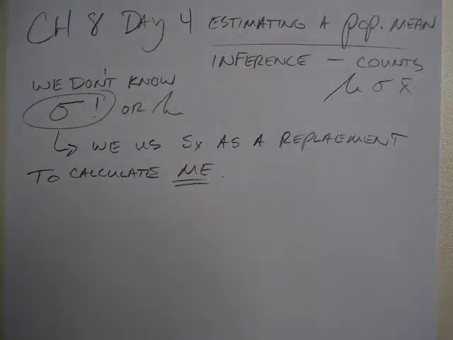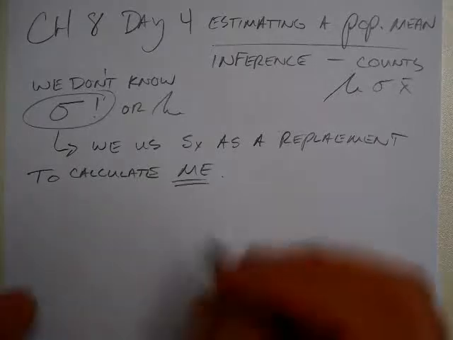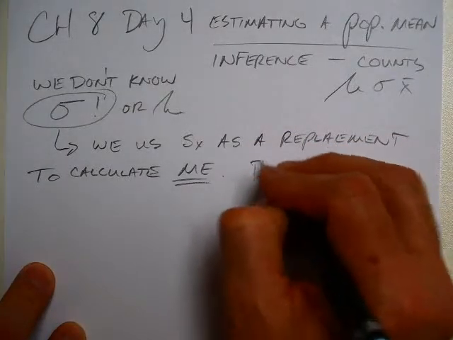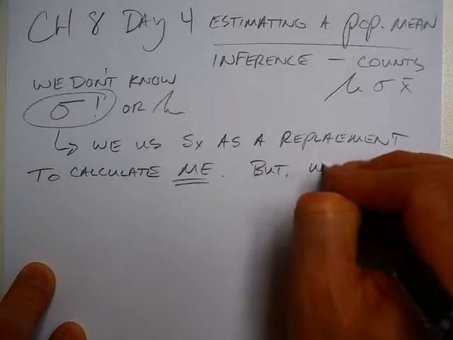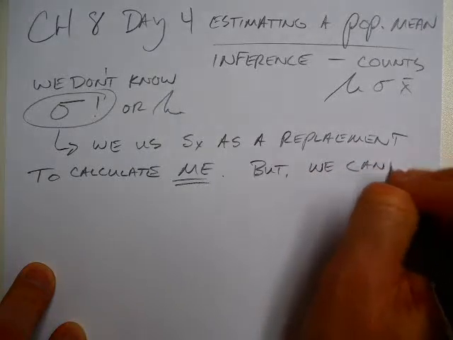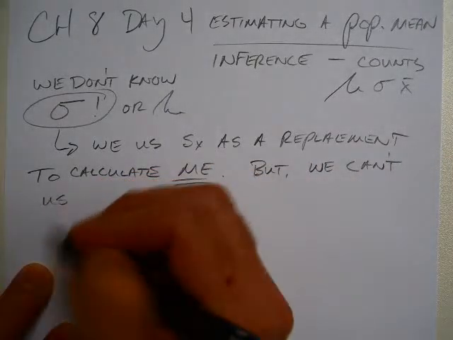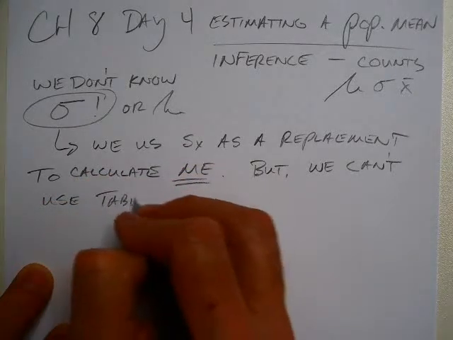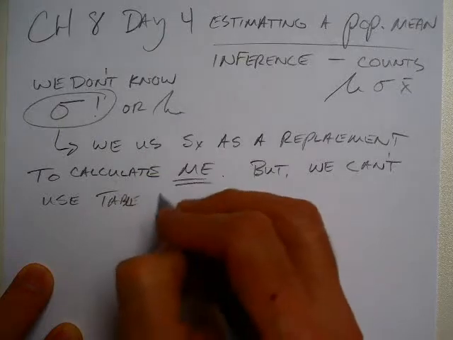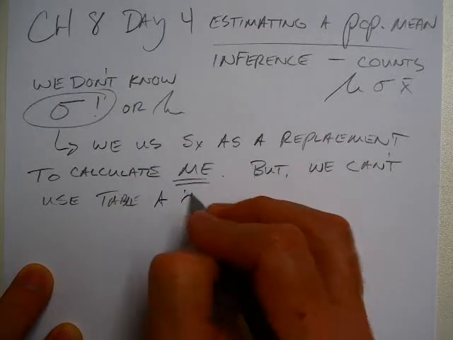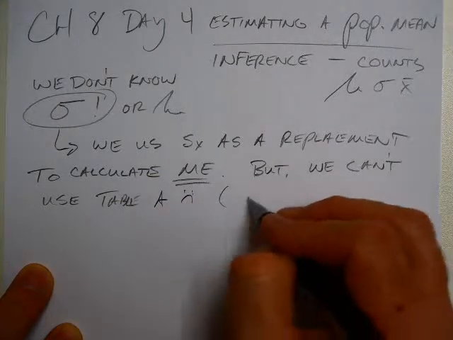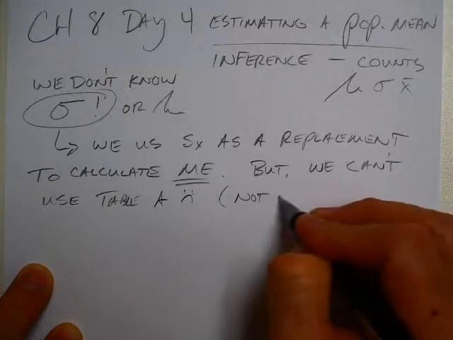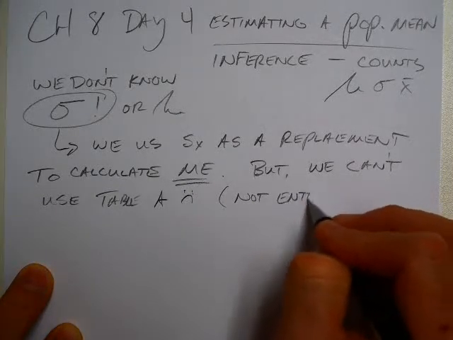The problem is when we use S of x, it turns out that it doesn't really work to use table A. It's not entirely normal.